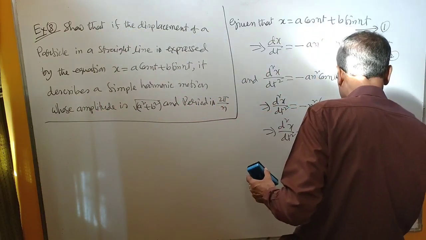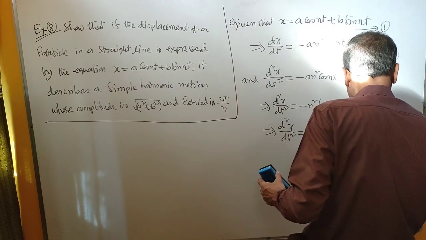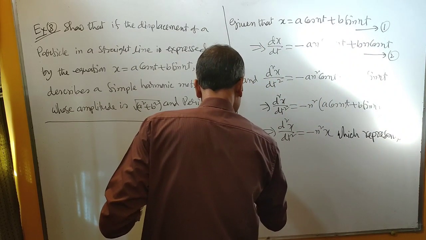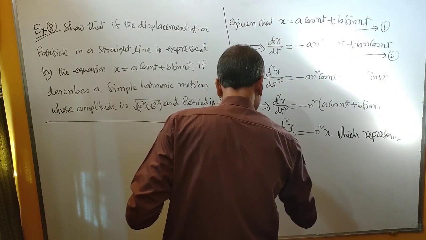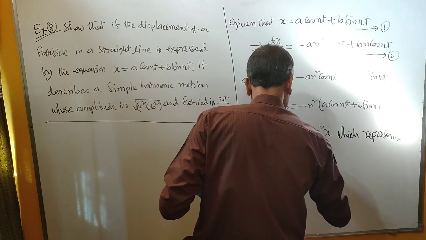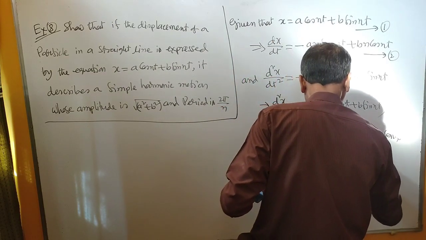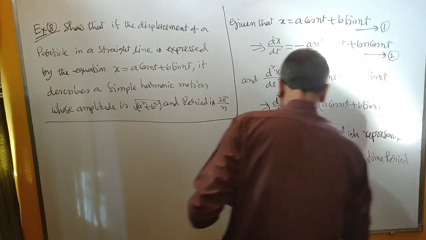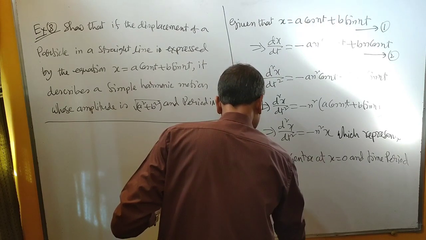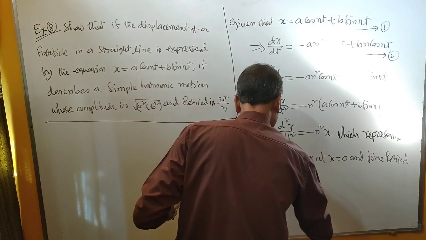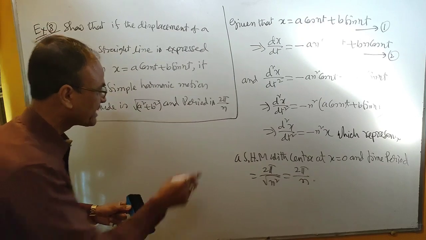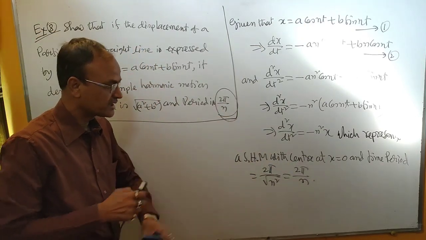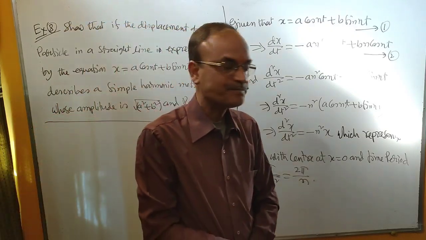This shows that it represents a simple harmonic motion with center at x = 0 and time period equal to 2π by root over n square, that is, 2π by n. We have proved this. The periodic time is 2π by n.